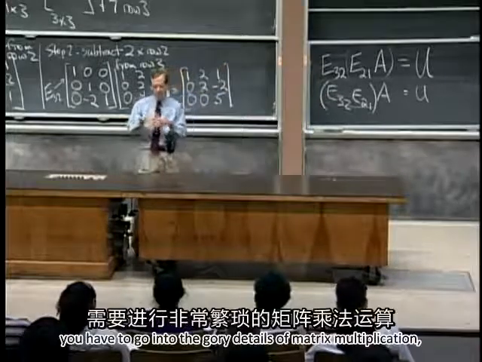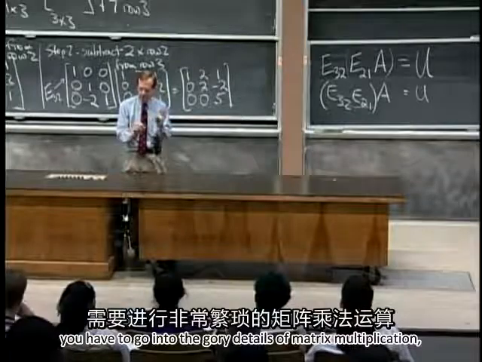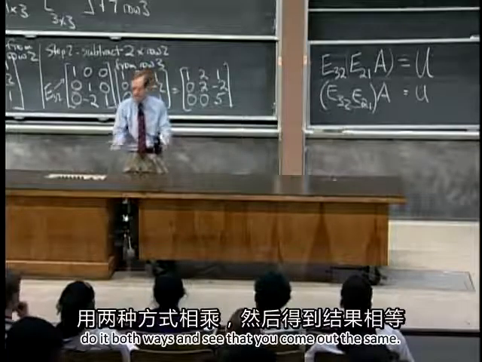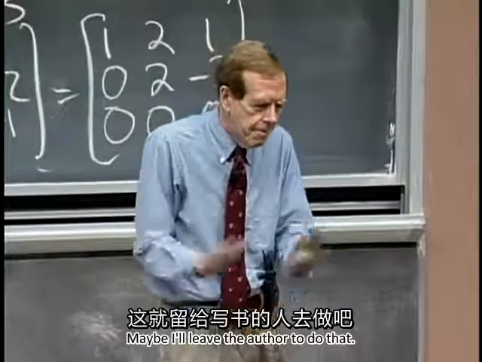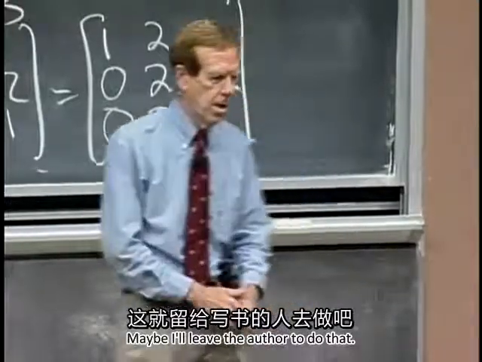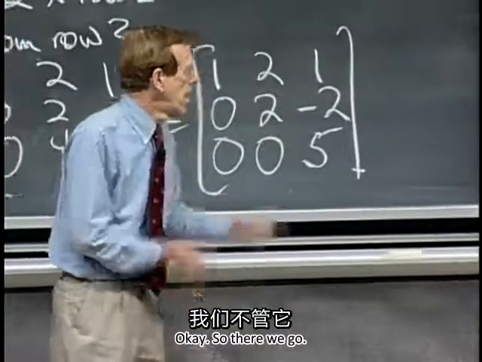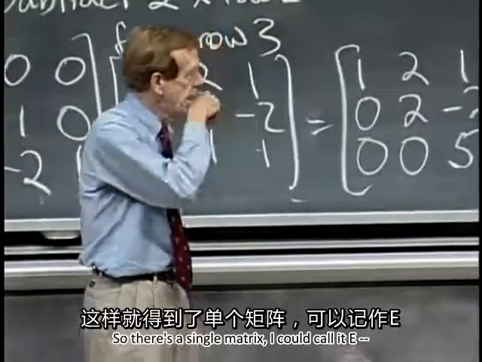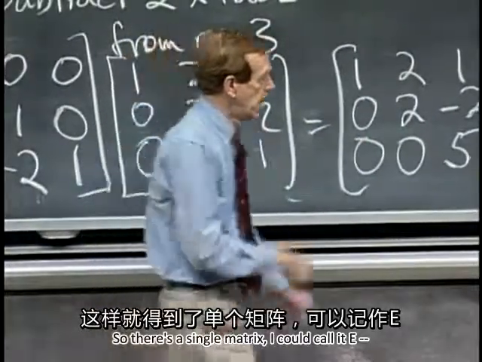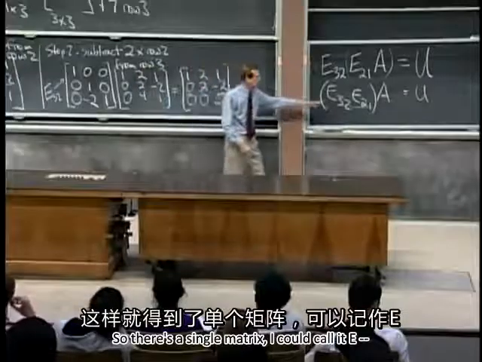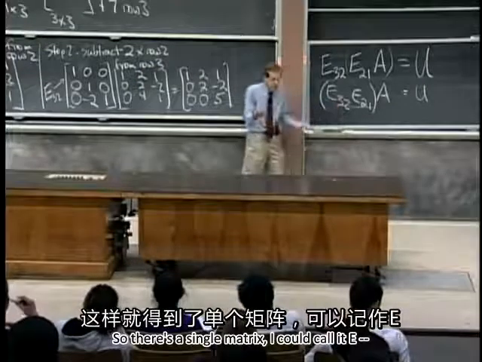You have to go into the gory details of matrix multiplication, do it both ways, and see that you come out the same. Maybe I'll leave the author to do that. Okay, so there we go. So there's a single matrix. I could call it E.